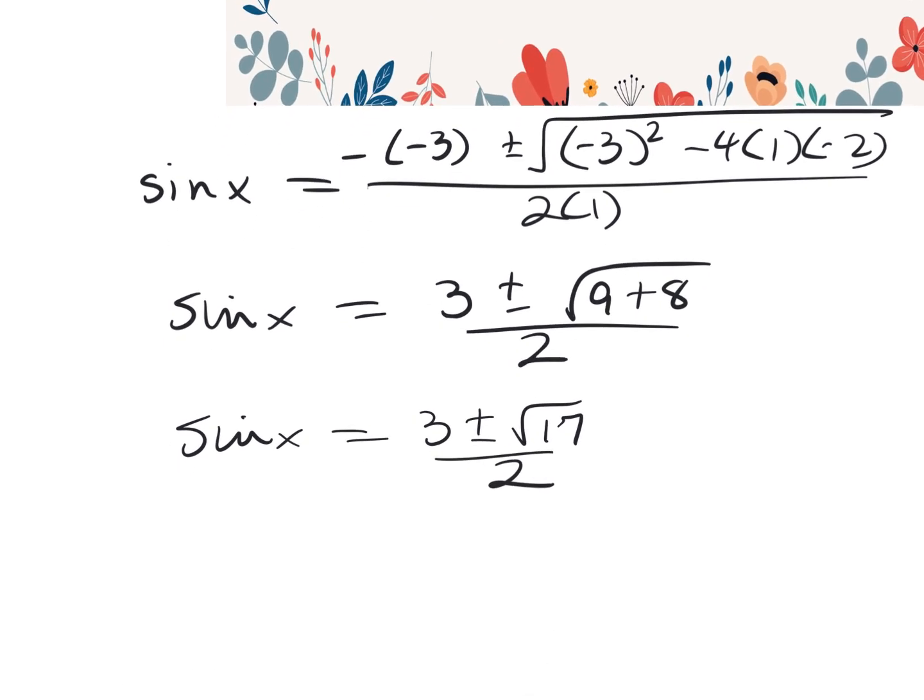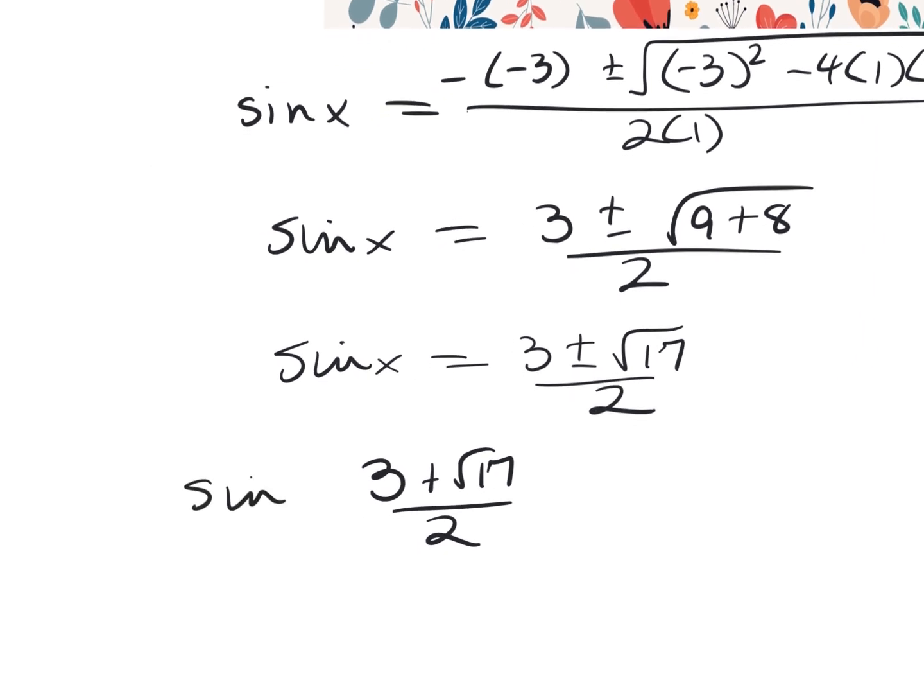Now, we have 2 answers here. So if we do 3 plus the square root of 17 divided by 2, this is actually going to give me approximately 3.5616.